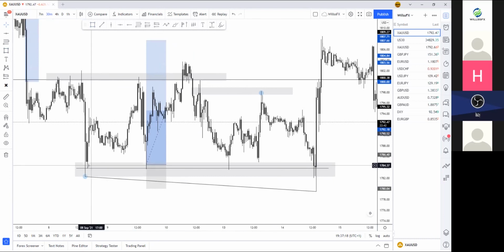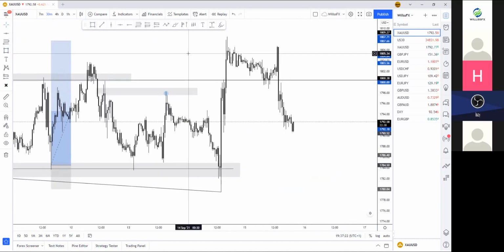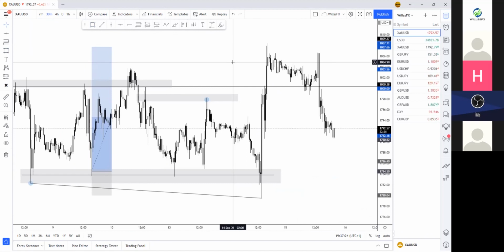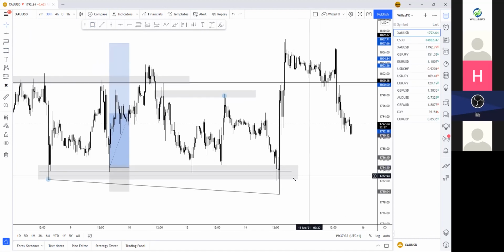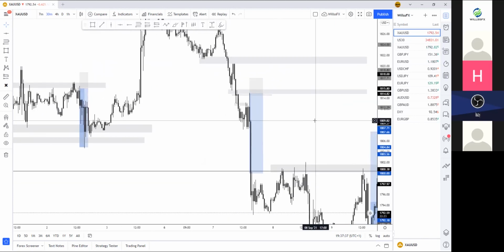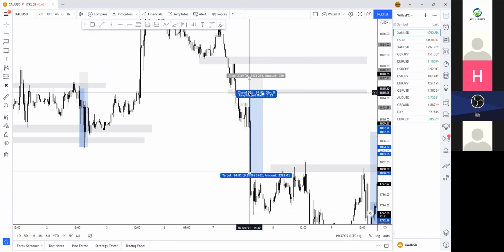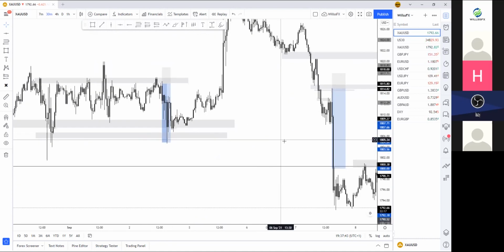And what did price do? Wick down below, grab the liquidity, big push up. A lot of the times, these happen quite quickly as well. So like we have had here, grab the liquidity, next candle, big drop. We grab the liquidity, same candle, big push up. Here, grab the liquidity, same candle, drop down, next candle, big push.